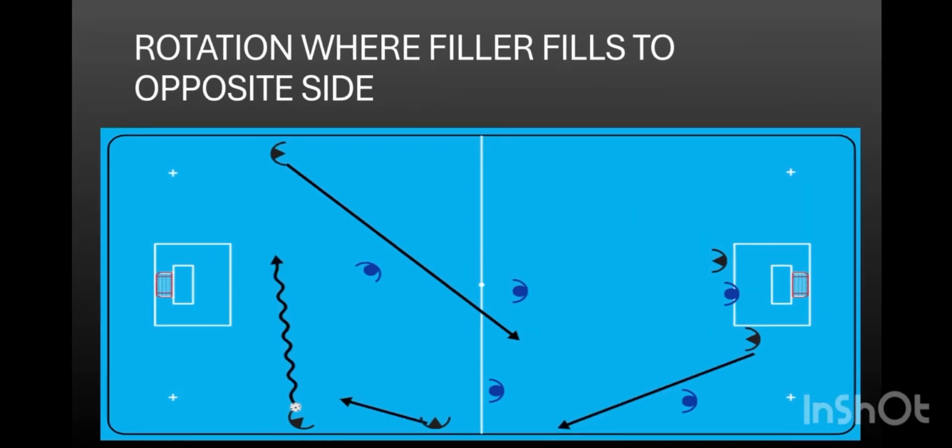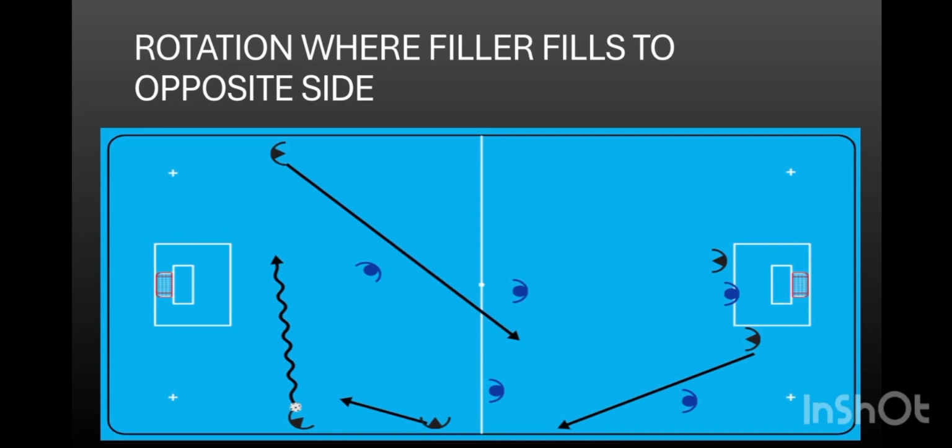And now in this version you will see a situation where the left-hand side player from the left pocket has cut without the ball towards the center, and a player from depth on the opposite side, in regard to where the first player began the movement, fills lower down the pitch.